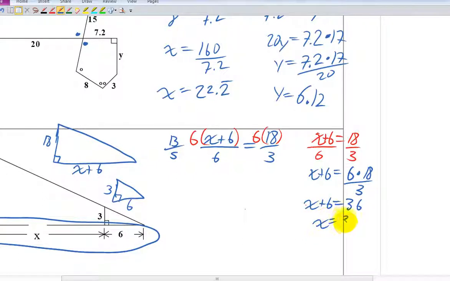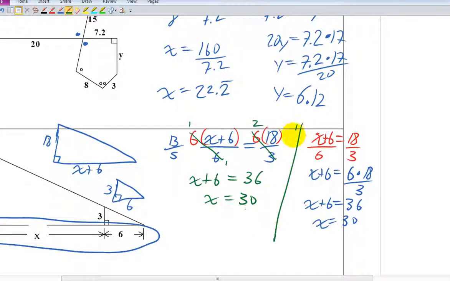So then x equals 30. Okay. Exact same thing on the other side. If I solve it differently, divide and get 1 and 1. Divide and get 2. So x plus 6 equals 36. X equals 30. So two very different ways of doing it, or similar.